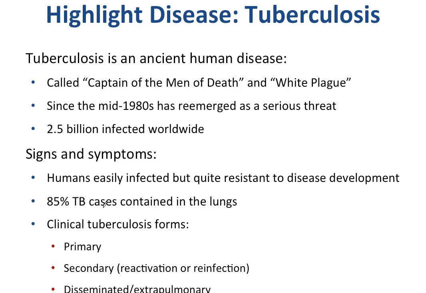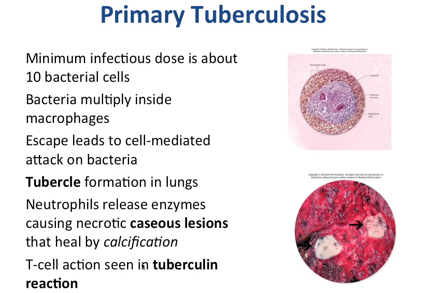The clinical forms are primary, secondary, and disseminated. The primary tuberculosis is the first time people get the infection. The transmission route is through respiratory droplets, so the infection site is the lung.